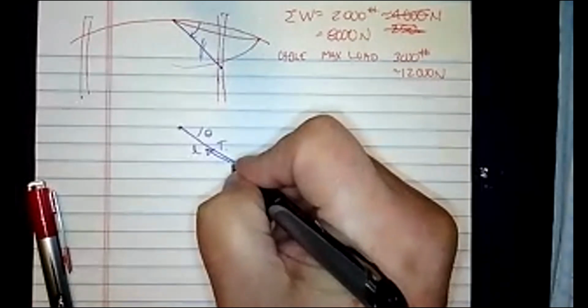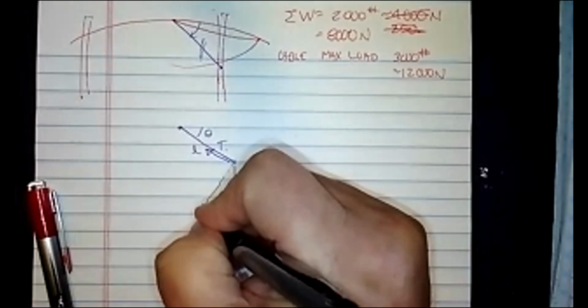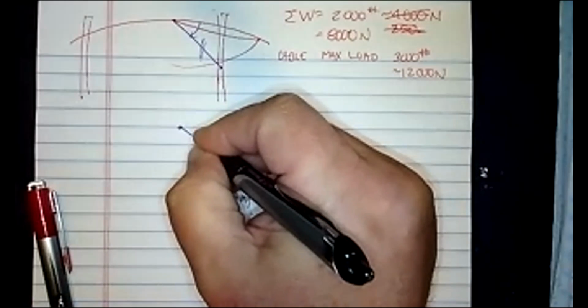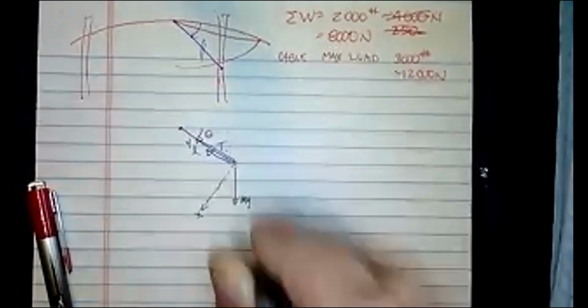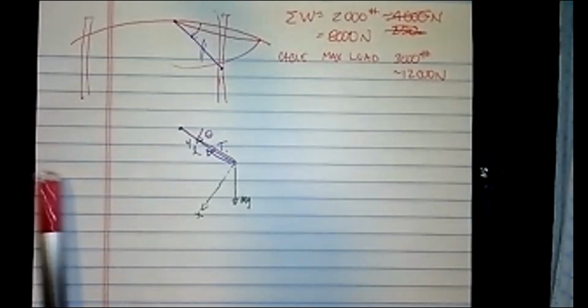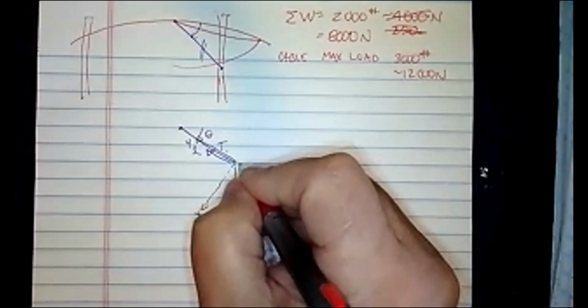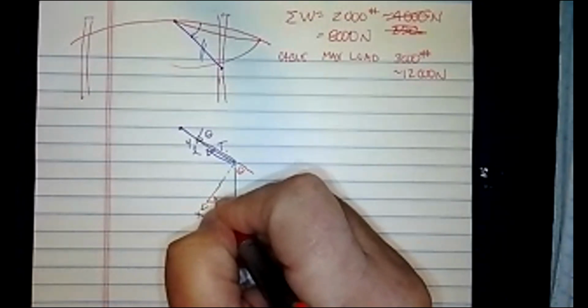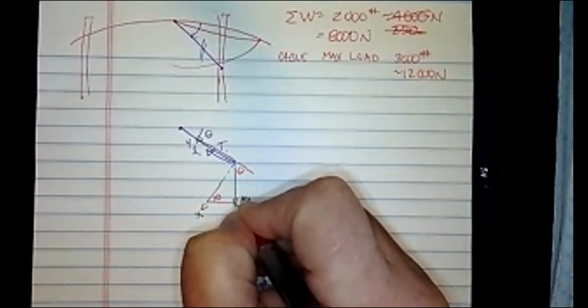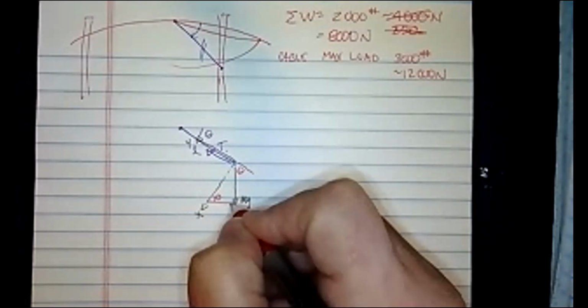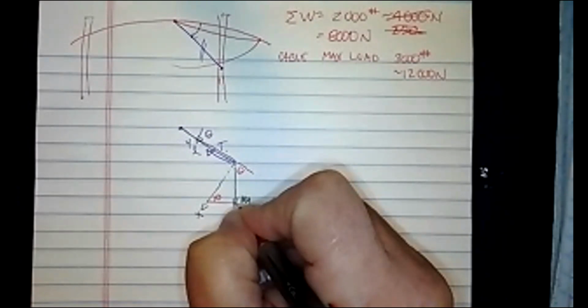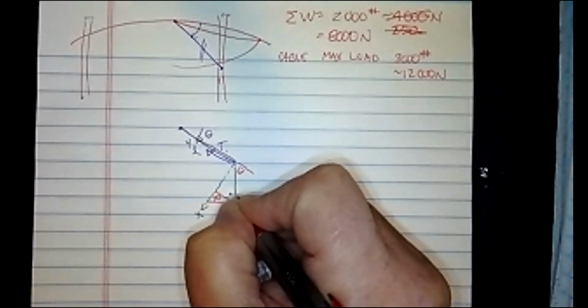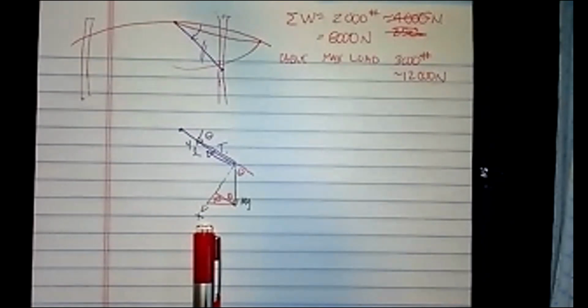Well, we're going to choose a coordinate system that has x this way and y that way. That means I'm going to have to realize that this being theta makes this angle right here theta. Sorry about that.